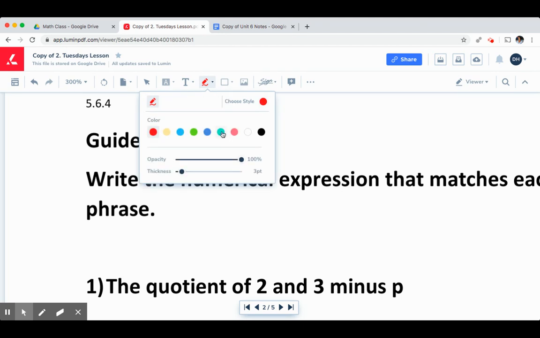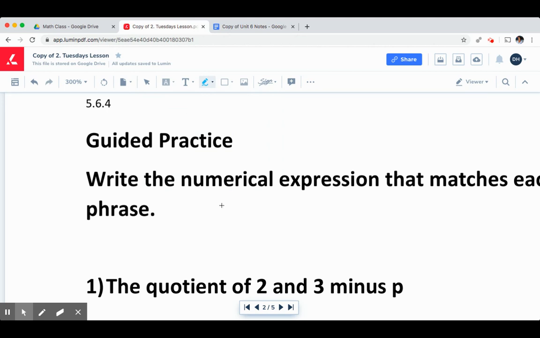And then we need to determine what is going to be grouped together and what is going to be inside of the parentheses. So in number 1, it says the quotient of 2 and 3 minus p. First, I want you to tell me the keywords that tell you what operation we're going to be doing.